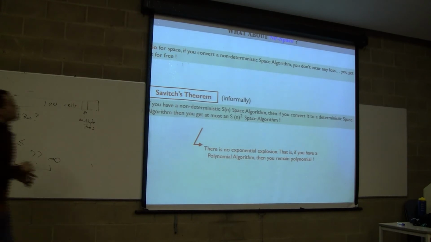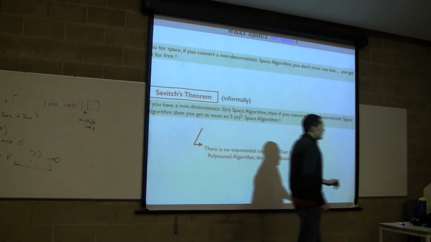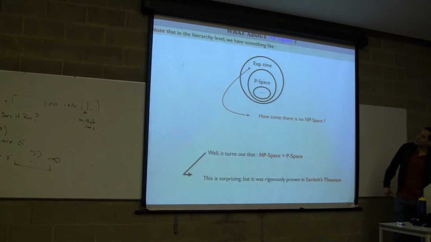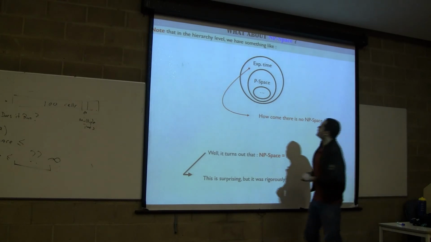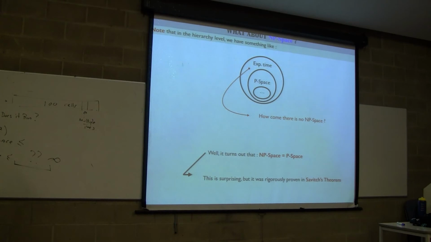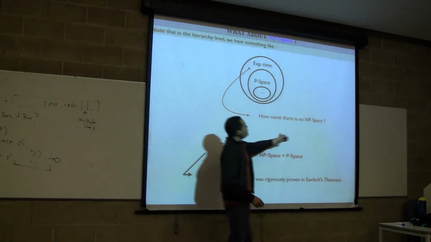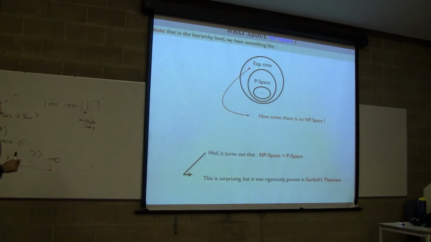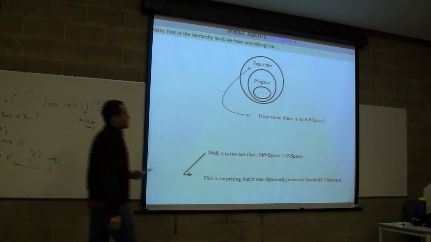Just before we finish that and show you a video, I wanted to show one thing we did not look at. In this diagram we've seen P space, but I did not mention NP space. It turns out it has already been proven that NP space is the same as P space.